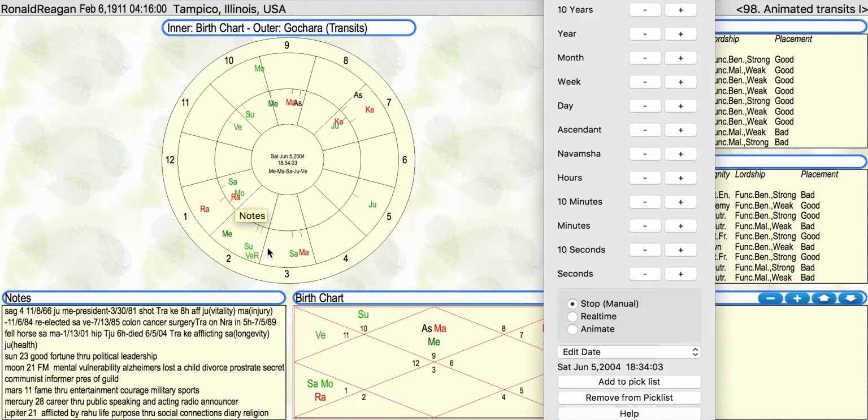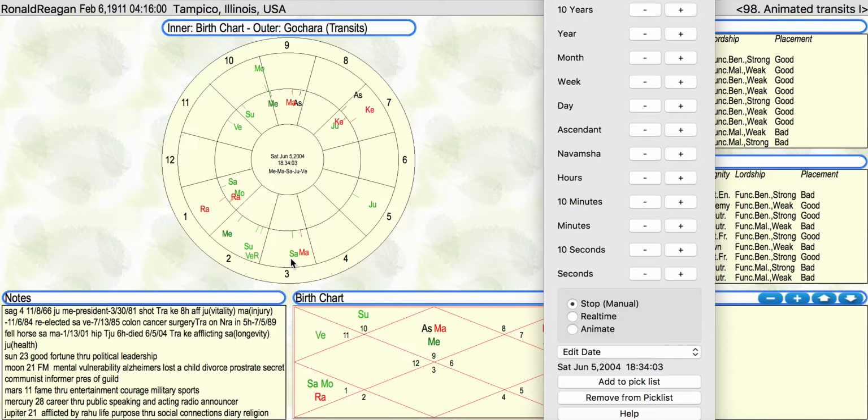So 1, 2, 3, 4, 5. Yeah, Jupiter here, which is the body and the vitality. And then also Ketu afflicting Saturn. So 1, 2, 3, 4, 5, 6, 7, 8, 9. So yeah, afflicting Saturn. Saturn is itself an indicator for longevity.